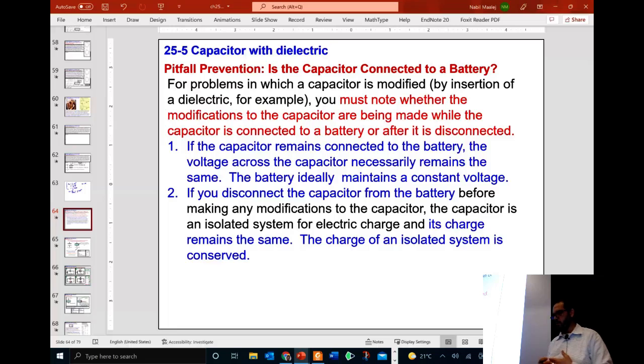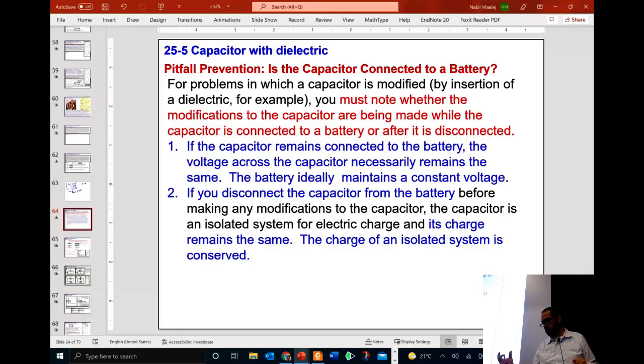So when you solve a problem, you always have to ask yourself: does the capacitor remain connected to a battery or not? Because a battery will always maintain a constant potential difference across its terminals. So it will provide a constant voltage, ideally. We know in real life the battery voltage decreases in very small amounts, and after some period of time you have to change or recharge the battery. However, keep in mind the battery will always maintain the delta V constant.